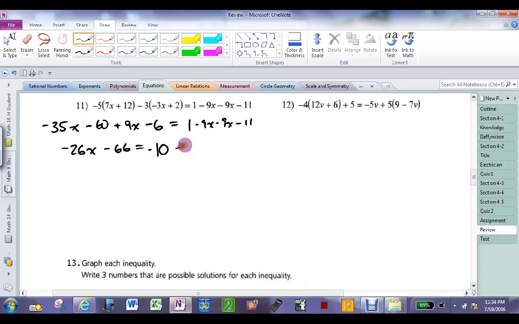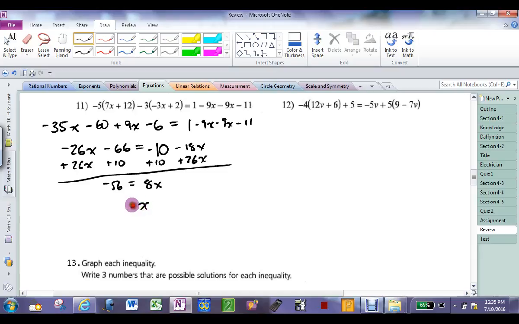Negative 9 minus 9 is negative 18x. Collect your like terms. Plus 26x, plus 26x, plus 10, plus 10. Negative 56 equals positive 8x. X equals negative 7.